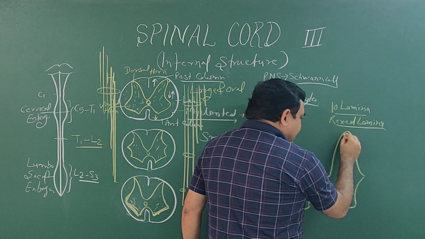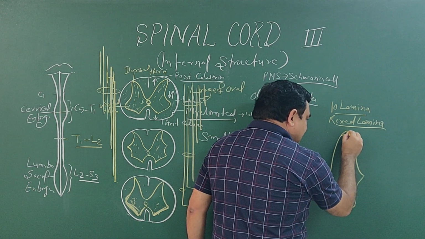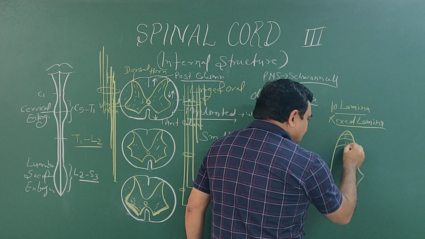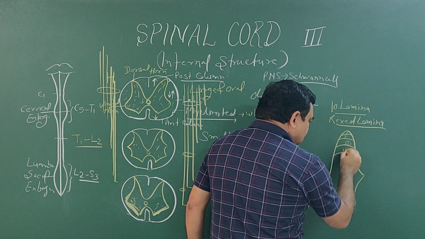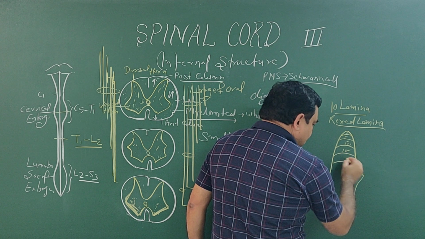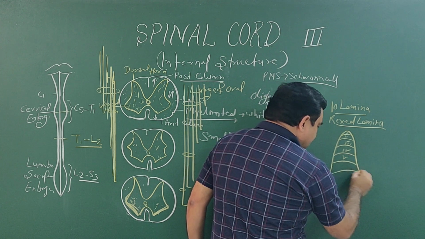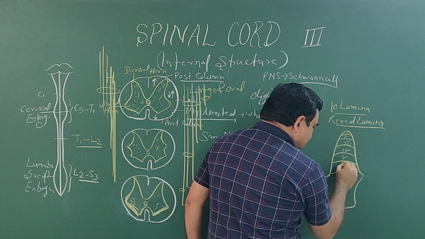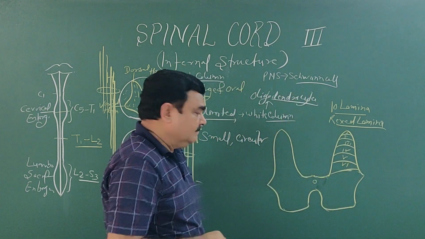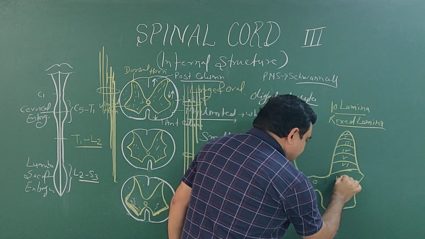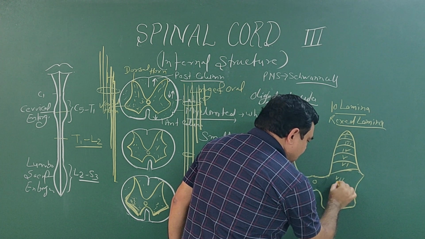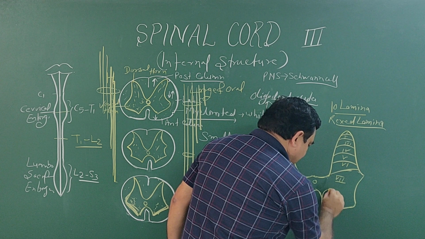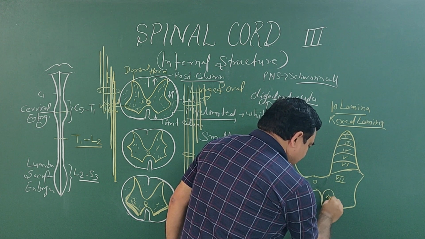Here you can see there are 10 laminae. This is first, then there is second, third, fourth, this is fifth, this is sixth lamina. This is seventh lamina, and here is the eighth lamina.